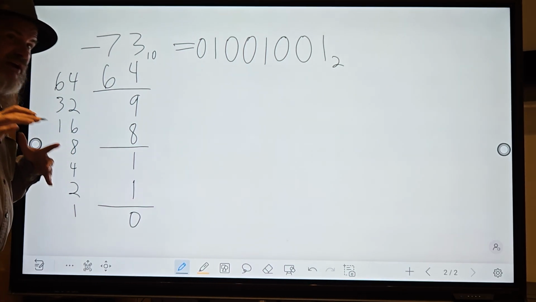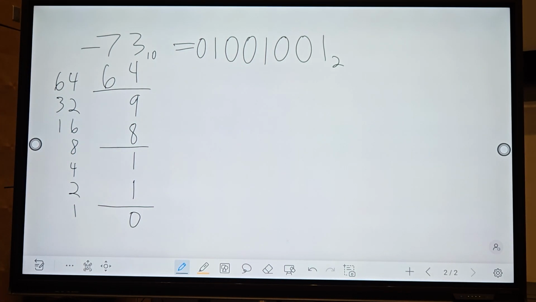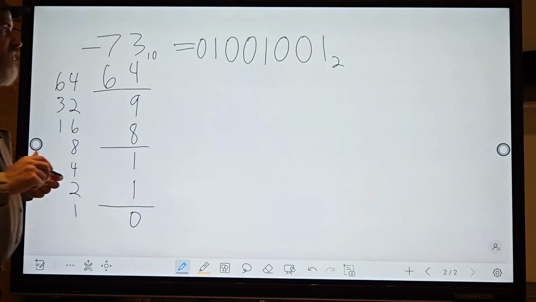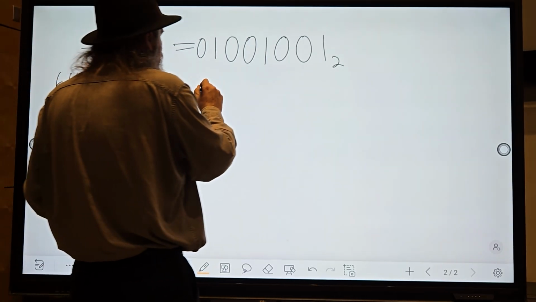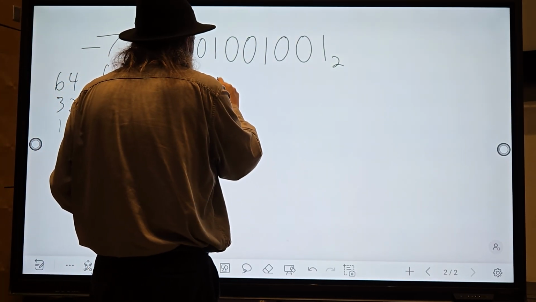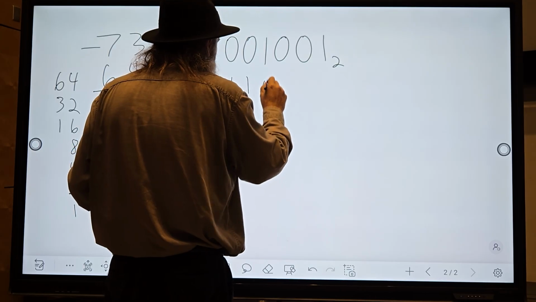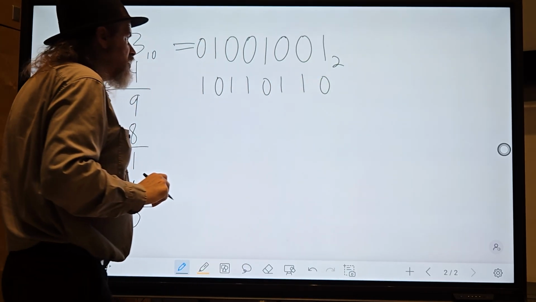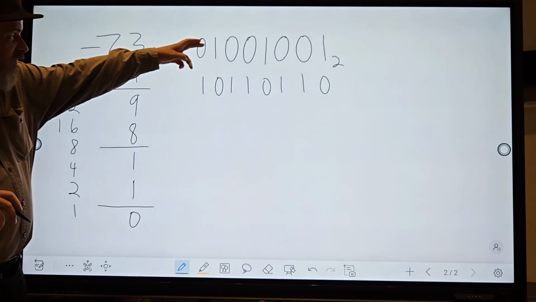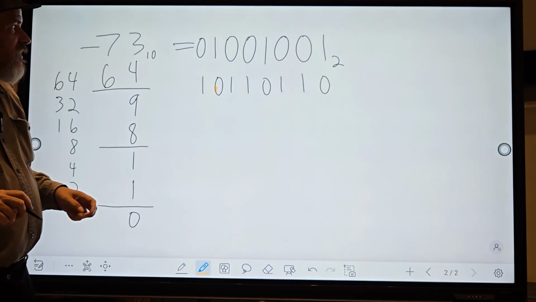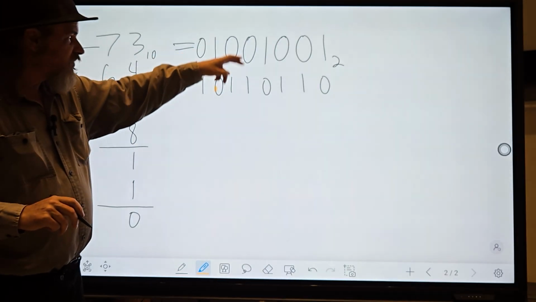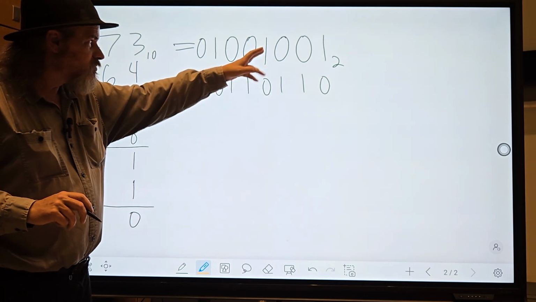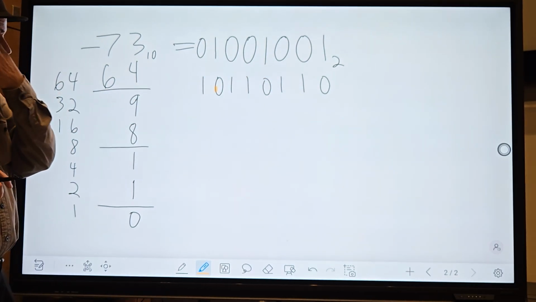Now, to make it negative, you do what's called a 2's complement operation on it. The 2's complement is flipping the bits. So zeros become ones, ones become zeros. 0 becomes 1, 0 becomes 1, 1 becomes 0, so on down the line.